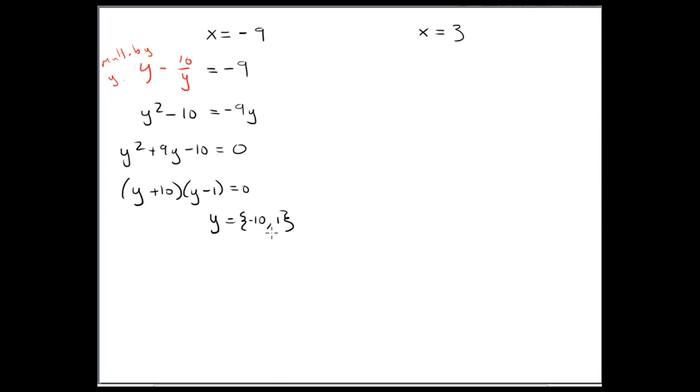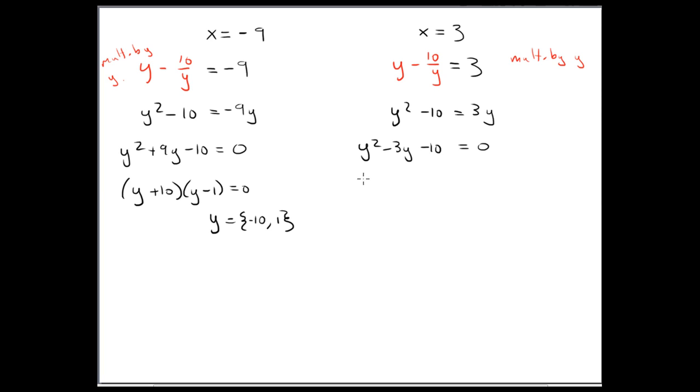Great. Now let's do y minus 10 divided by y is equal to 3. Once again, we're going to multiply by y to get that out of the denominator, and that gets us y squared minus 10 is equal to 3y this time. So y squared minus 3y minus 10 is equal to 0.